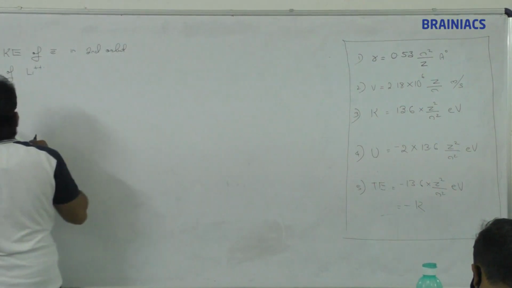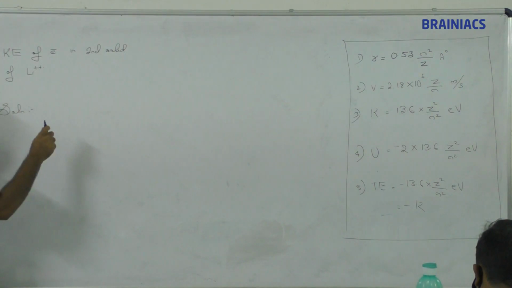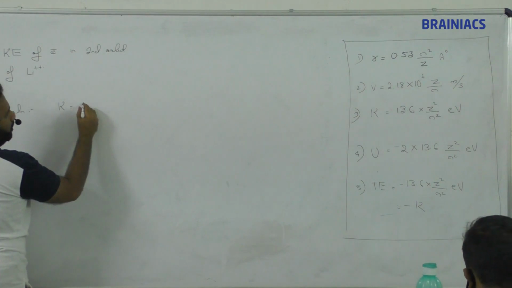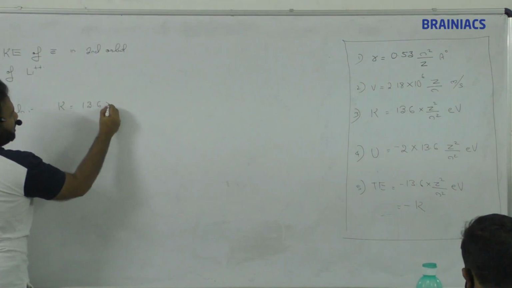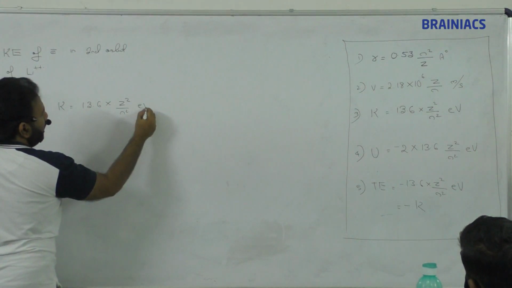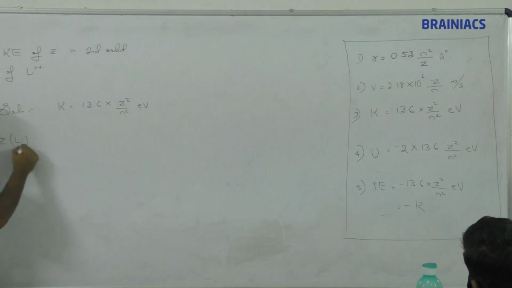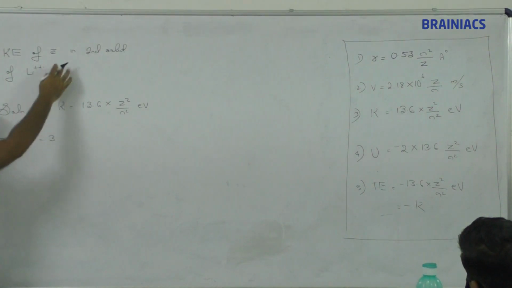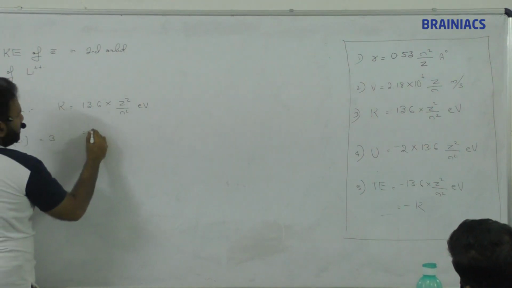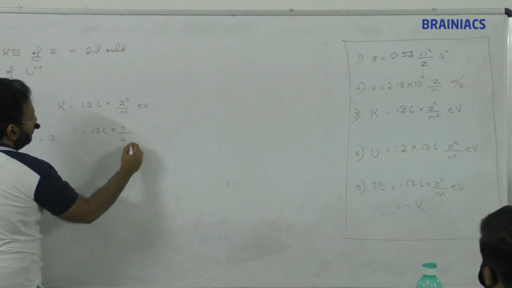Got it, right? So kinetic energy is equal to 13.6 into Z square by N square electron volt. What is the atomic number of lithium? Energy of the second orbit means N is equal to 2, so this is 13.6 into 9 divided by 4 electron volt.